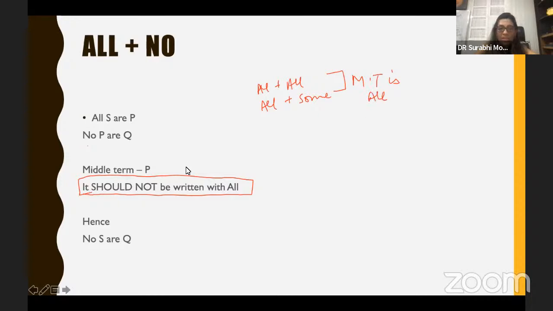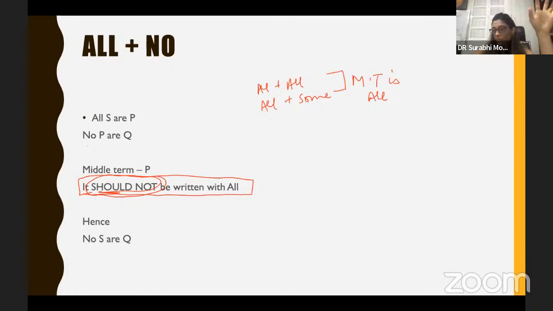Now in all plus no, the middle term should not be written with all. Right? Please repeat what I said if you heard me. Please write down in the chat box, what did I say? In all plus no, forget about the no statement. The middle term should not be written with all.